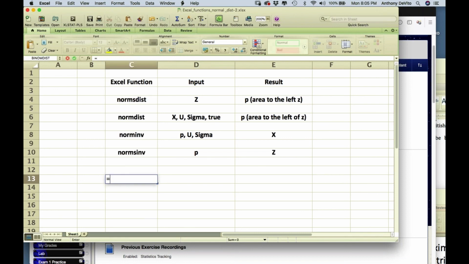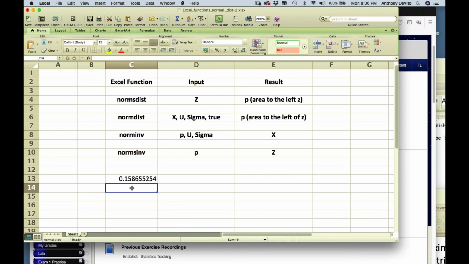Equals NORM.S.DIST, that's norm standard distribution, parentheses, and you can see it's waiting for the z-score. If I put in a z-score of -1, anybody want to remind me of approximately what we would expect to the left of a z-score of -1? About 16%, right? And indeed, that's what we get.